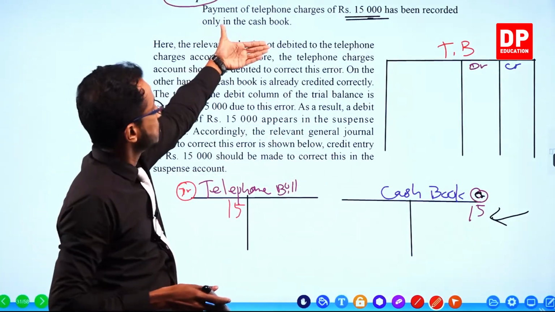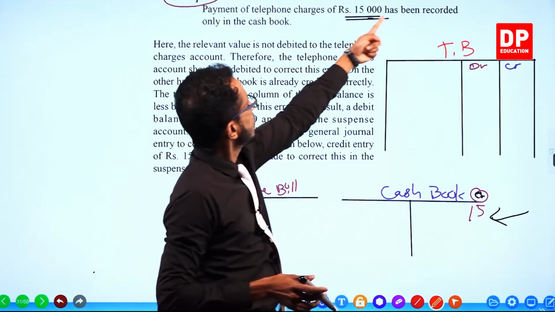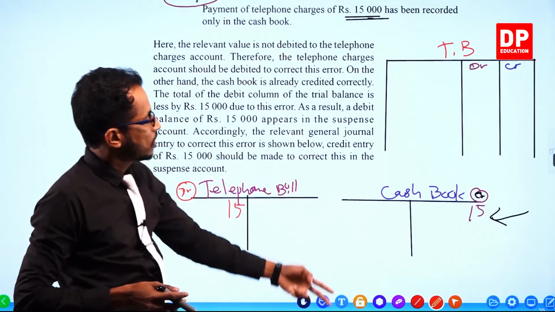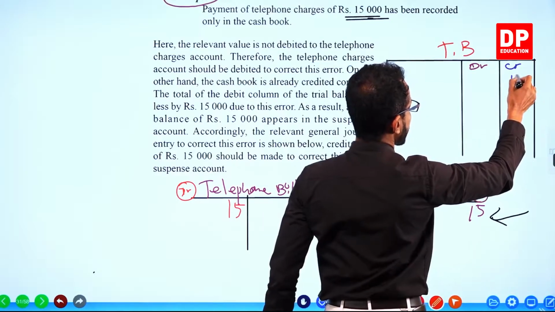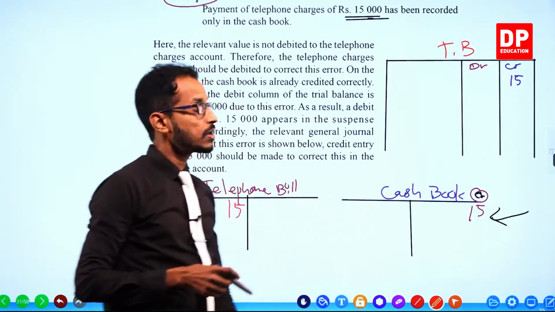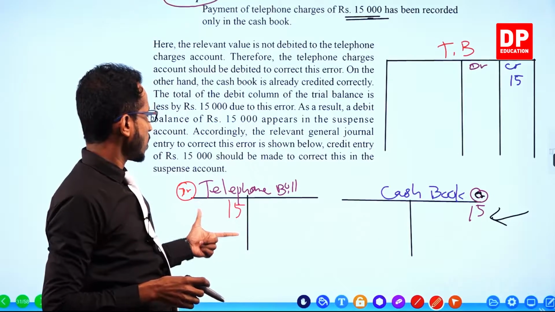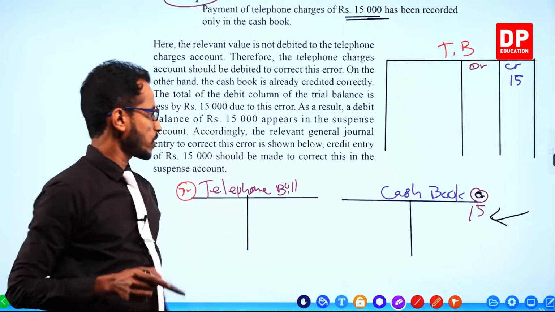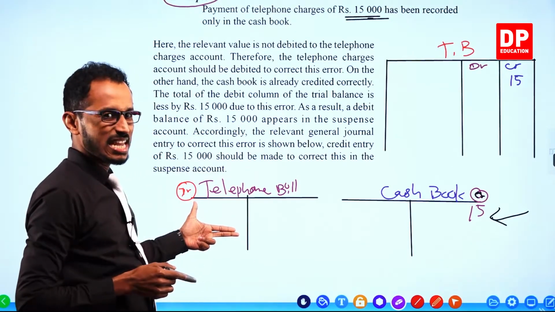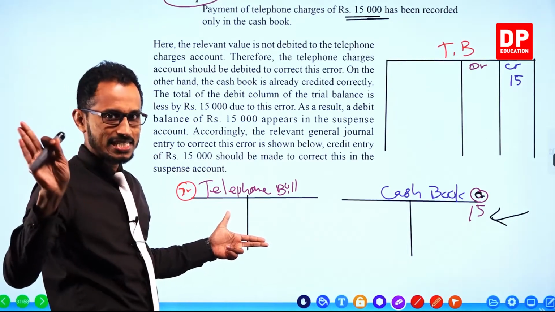Because of this error, children, 15,000 only entered in the cash book. In the cash book, it is entered in the credit side. But in the telephone bill account, it's not recorded. Telephone bill account, debit side, nothing's there.